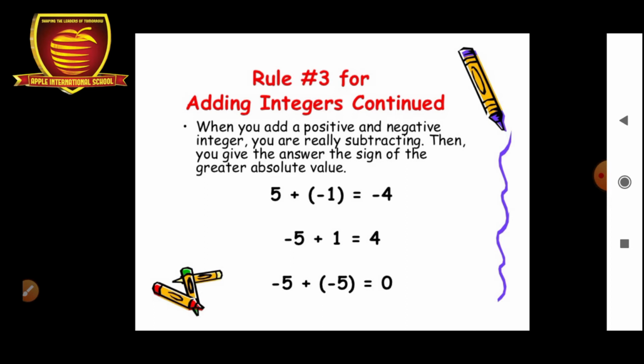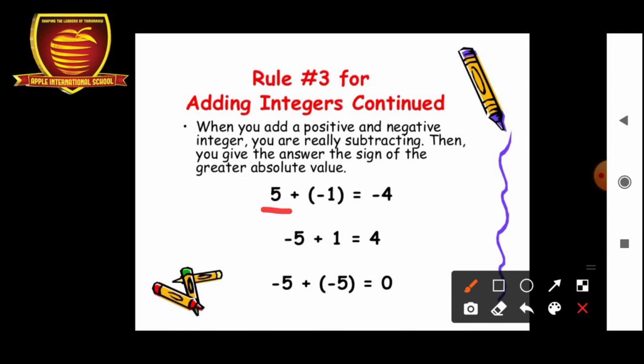So 5 plus -1, its answer is 4. Here 5 is positive, -1 is negative, and 5 is greater than 1, so that's why we write positive 4. Next is -5 plus 1.